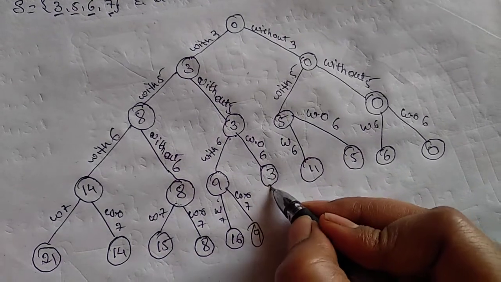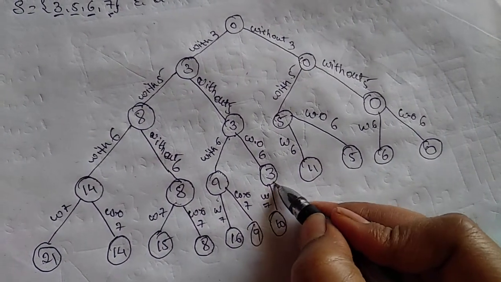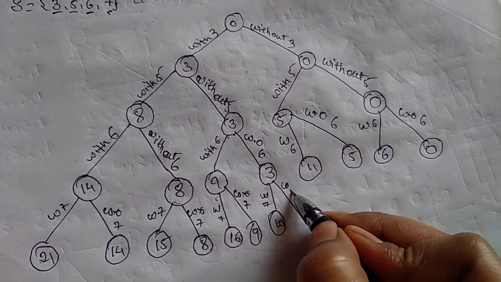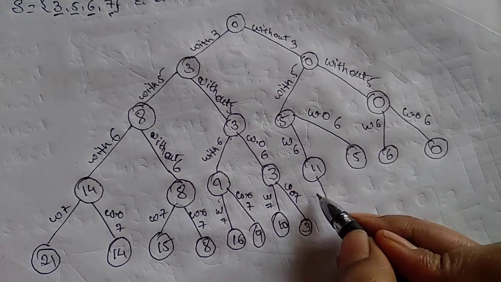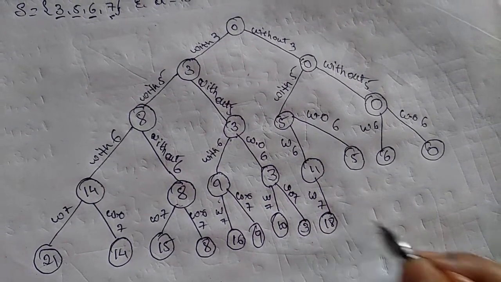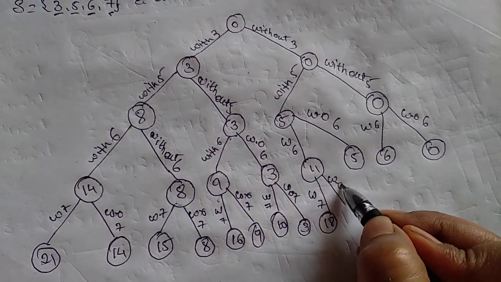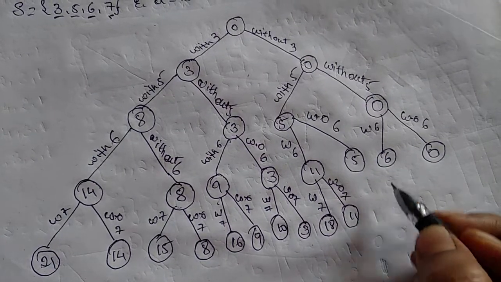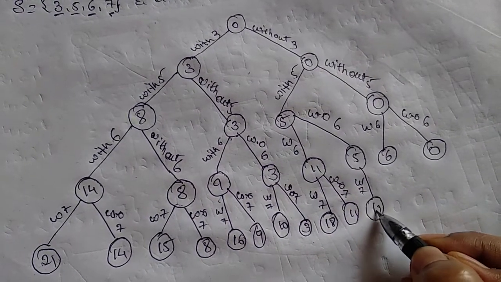Yes. Then with the 7 it is 10. Without 7 it is 3 itself. Then with 7, 11 plus 7 is 18. Then without 7 it is 11 itself. Then with 7, 7 plus 5 is 12.